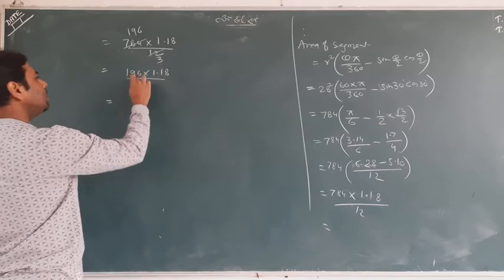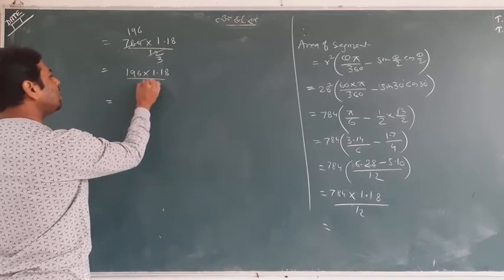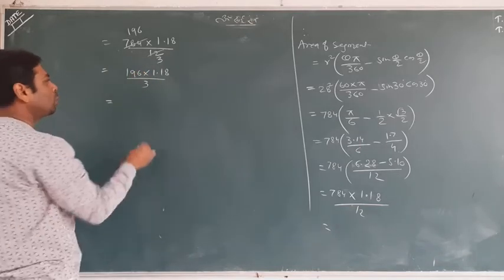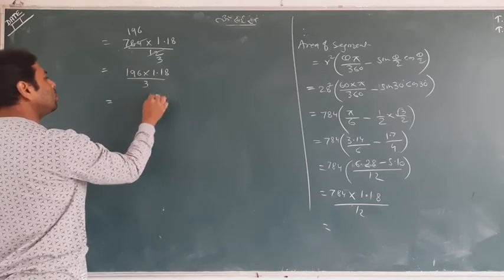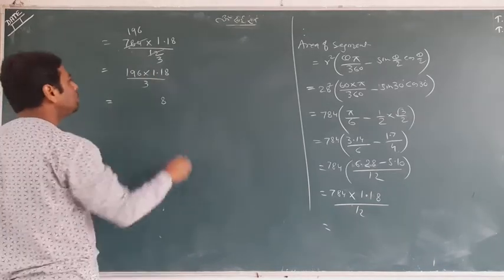So what will be the answer here? First I can also cancel approximately, or first I multiply these two. Just wait for a while.